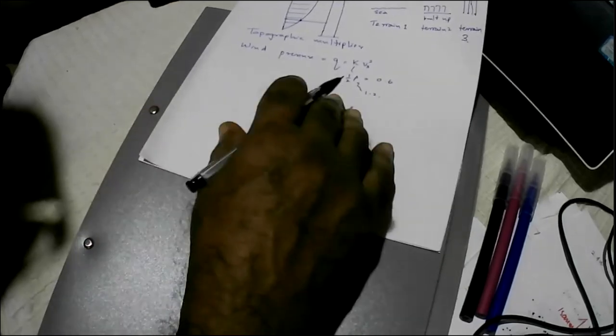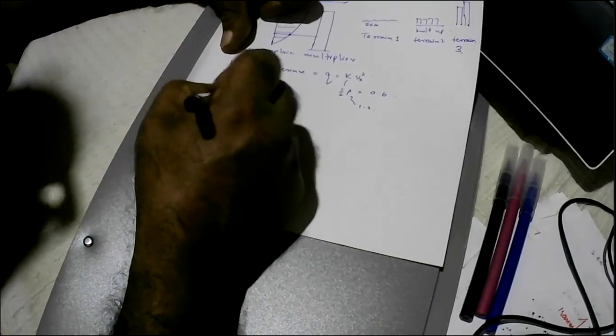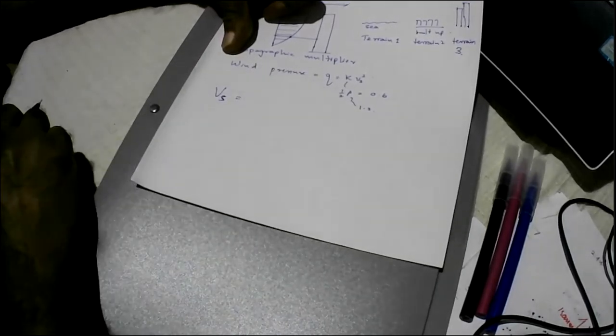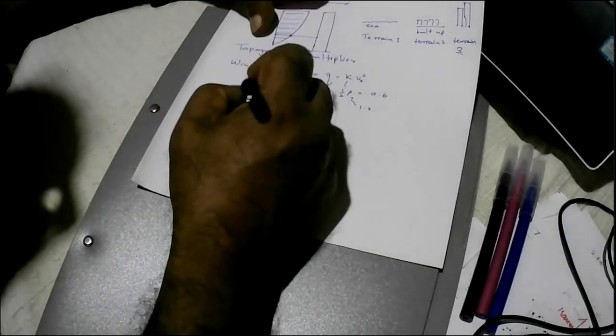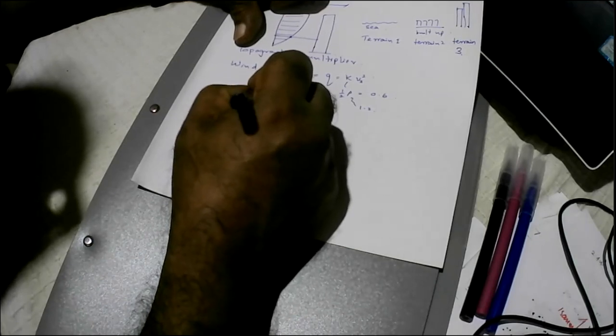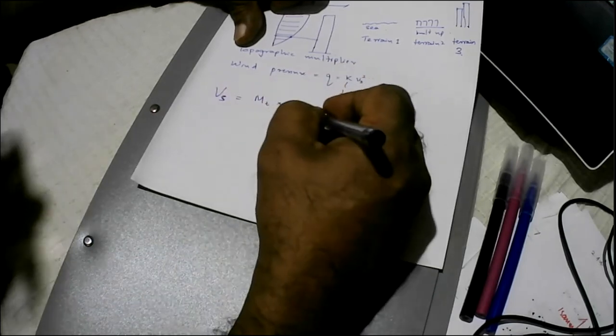So K is 0.6, and Vs is equal to the terrain multiplier times the basic wind speed.